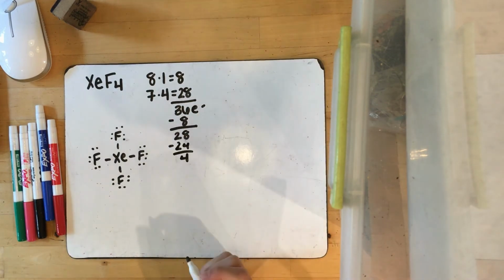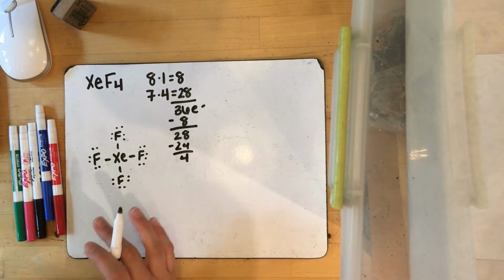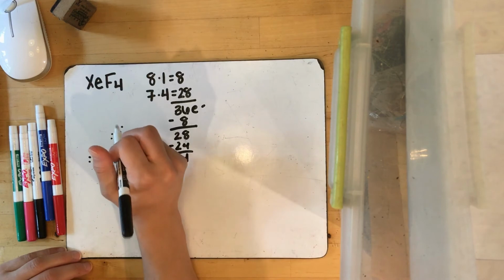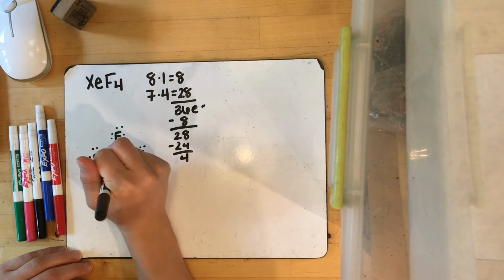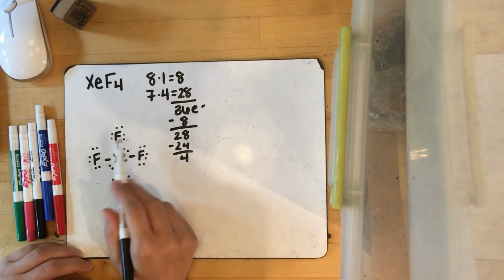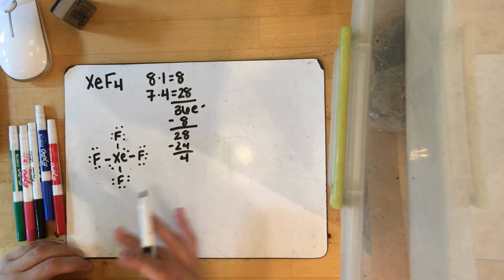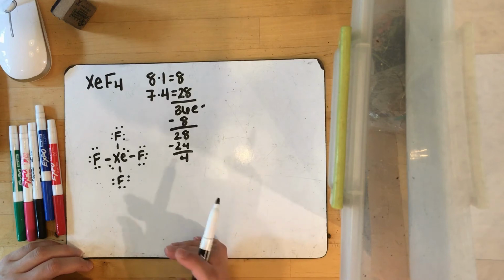I wind up with 4 electrons left, and the rules say for Lewis structures, whatever we have left over goes on the central atom in pairs. So I'm just going to put pairs on my xenon, which is fine because xenon is one of the exceptions that allows us to have more than 8 valence electrons.